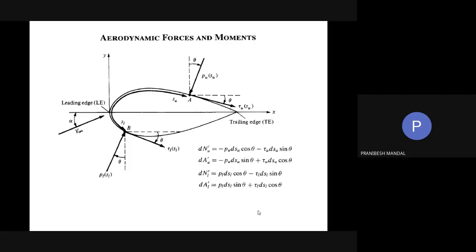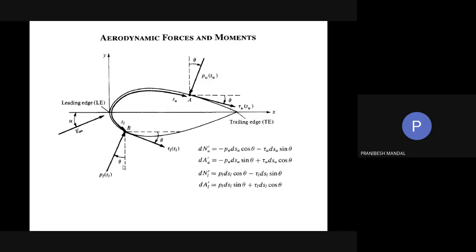As far as my consideration is concerned, I should have taken theta u and theta l. But anyway, Anderson has taken it as theta. Obviously the theta for the upper surface and theta for the lower surface are going to be different. You are correct. So if we consider theta u and theta l, that would have been the best. Good question.